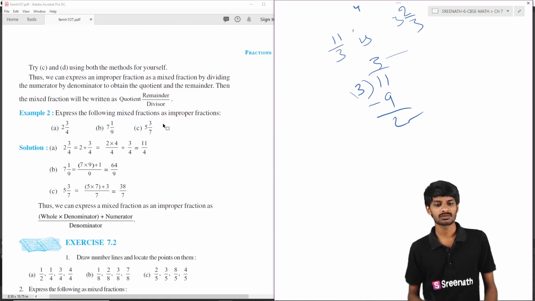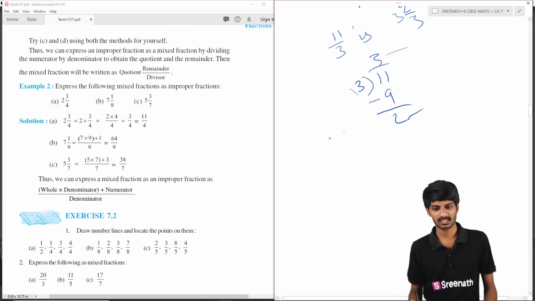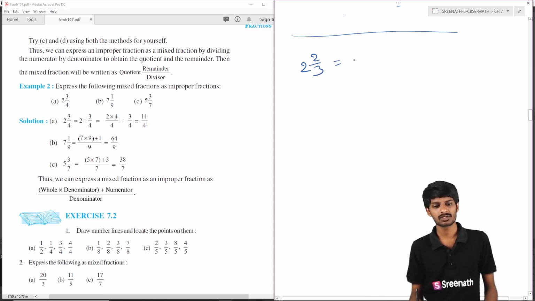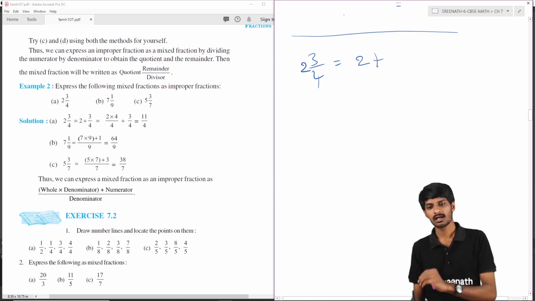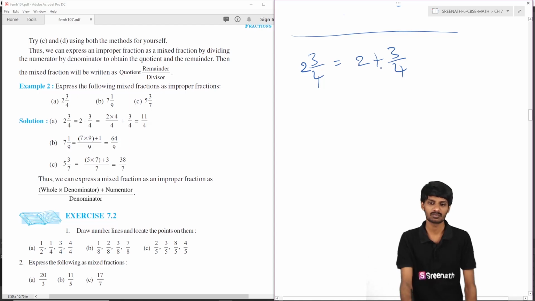Now express the following mixed fractions as improper fractions. These are given mixed fractions and we have to convert them into improper fractions. That is 2 3/4. How will you do it? 3 by 4 means it is 2 whole parts plus 3 by 4 of the part, students.